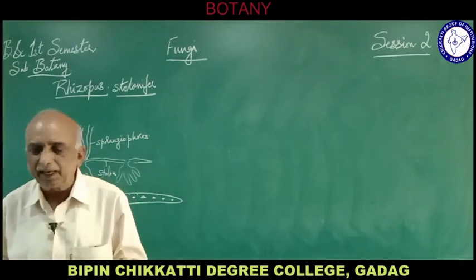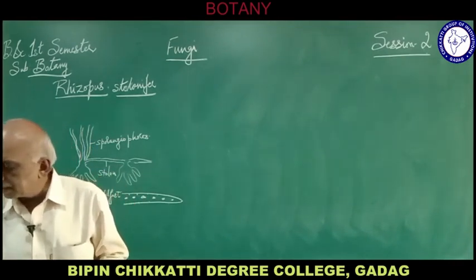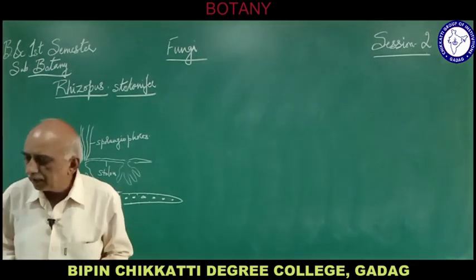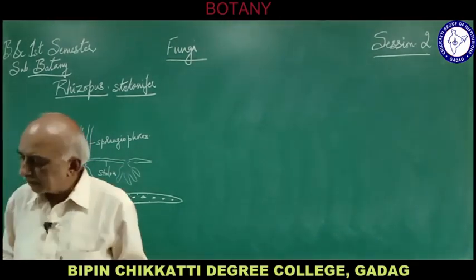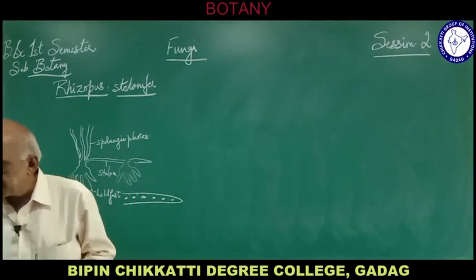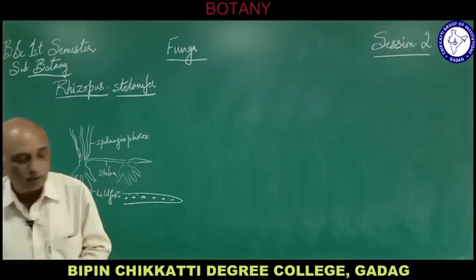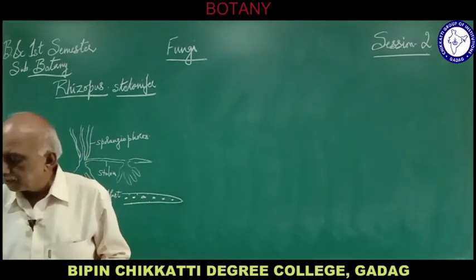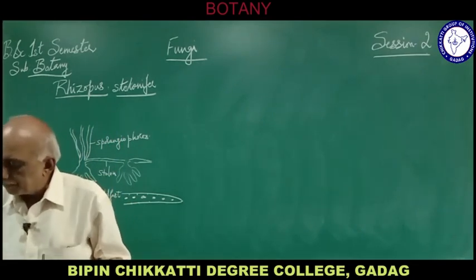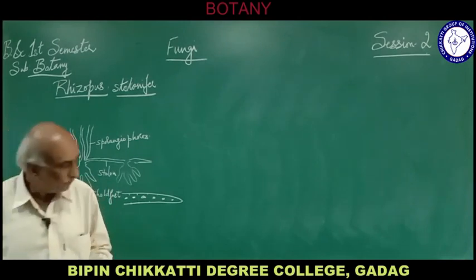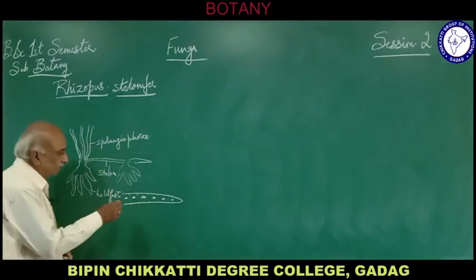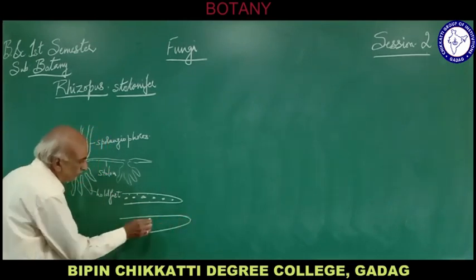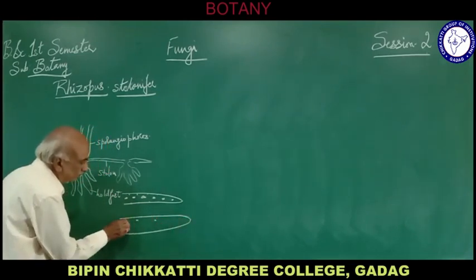is somewhat granular in appearance, and thus it contains numerous organelles. Ribosomes are there, and endoplasmic reticulum, which is well branched, and there is glycogen, and oil globules are also present in this hypha. But actually when we see the hypha, the nuclei are present in the peripheral part.